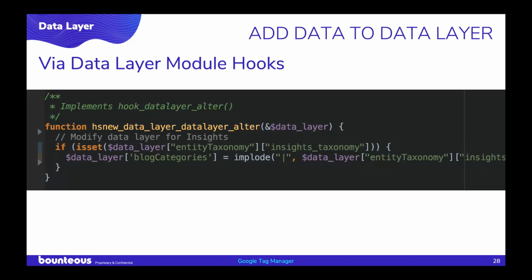So it would help out our analytics folks for consistency across years if we took the same approach in our new Drupal site. So we just wrote this hook that takes the different taxonomy values and then pipe delimits them so that they can be represented that way. And you can essentially do whatever you want in these different alter hooks as far as getting additional data into the data layer.